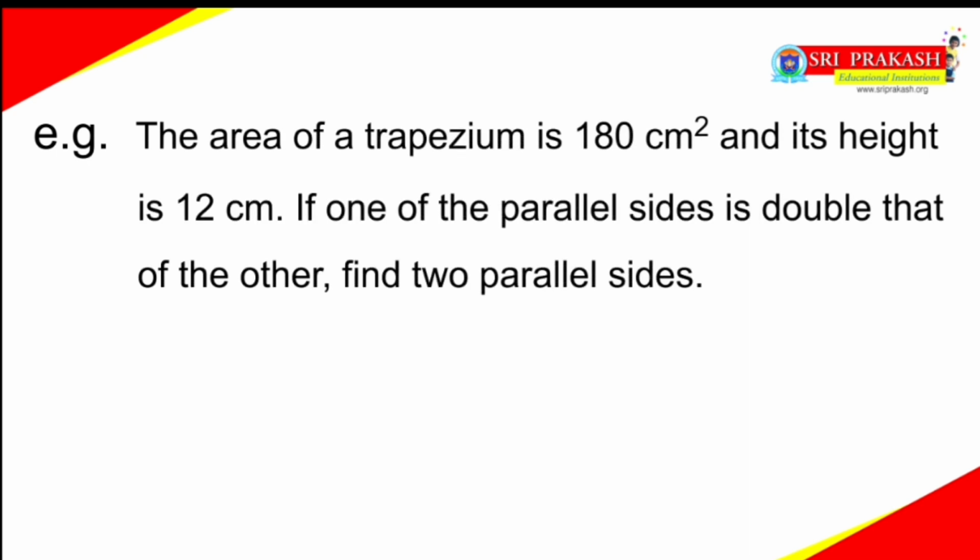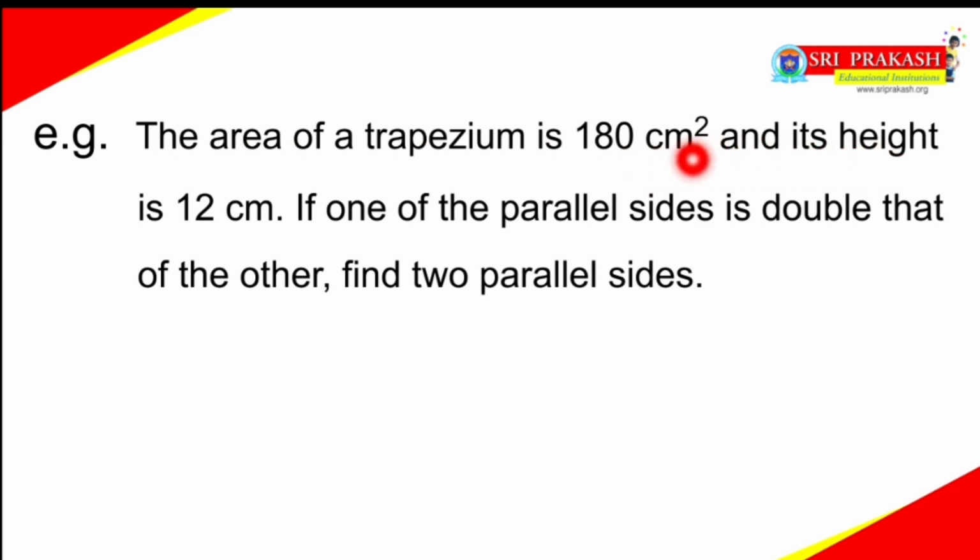Next, the area of a trapezium is 180 centimeters square and its height is 12 centimeters. If one of the parallel sides is double that of the other, find the two parallel sides. Children, in this problem, the area of a trapezium is given.